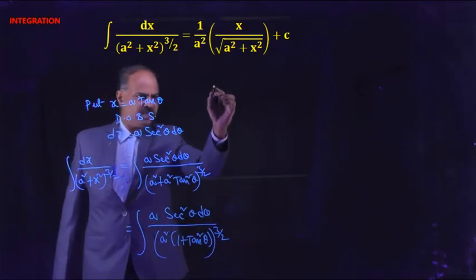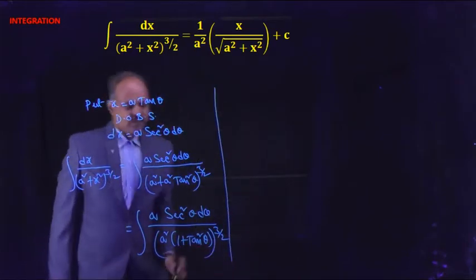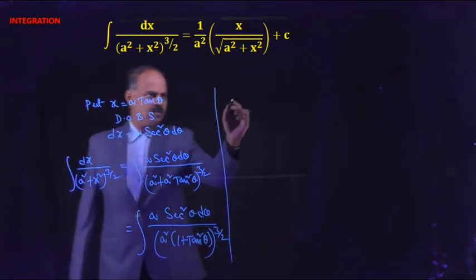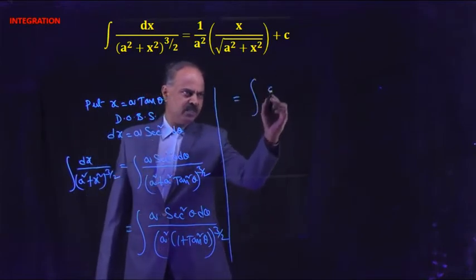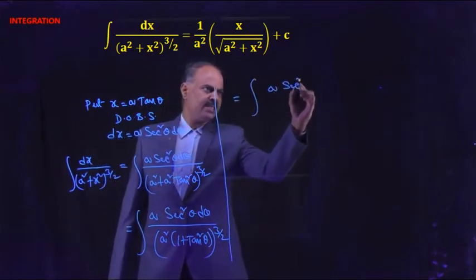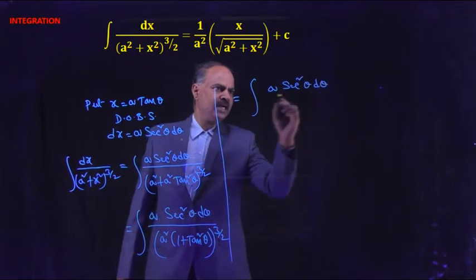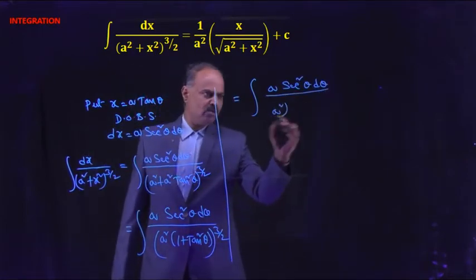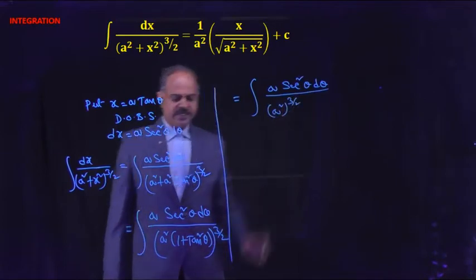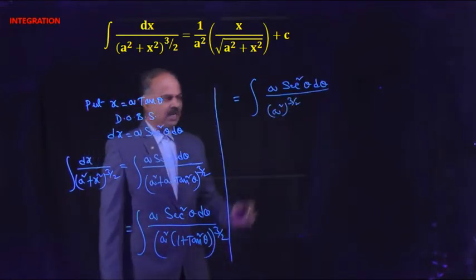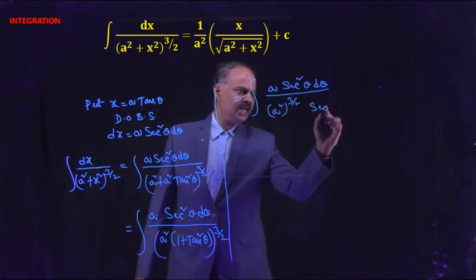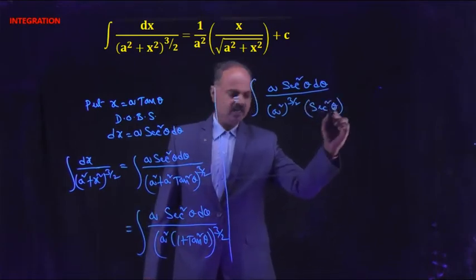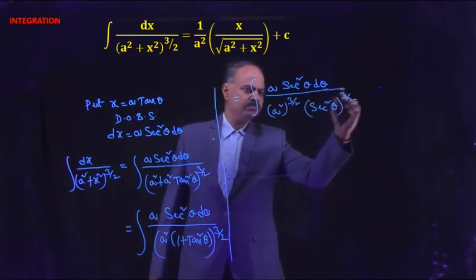Now this is equal to integral a into secant square theta into d theta divided by (a square) whole to the power 3 by 2 into (1 plus tan square theta, which is equal to secant square theta) whole to the power 3 by 2.